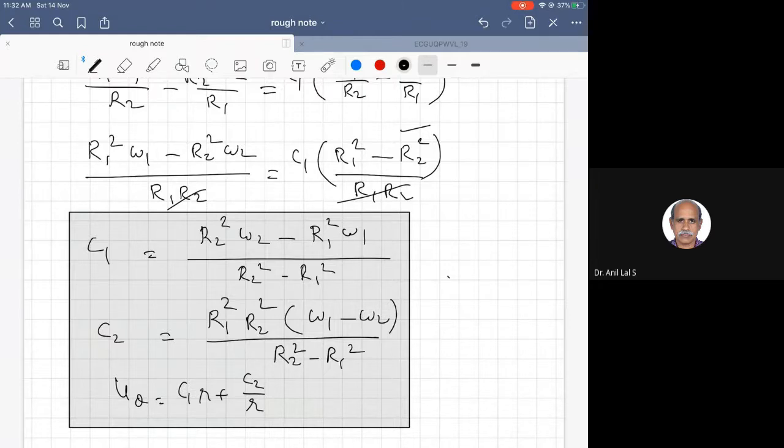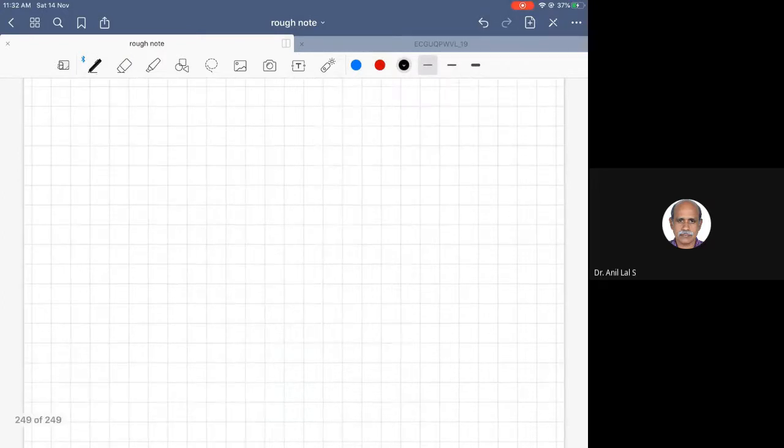So U theta is obtained as a function of R. So at any value of R, we can find out U theta.